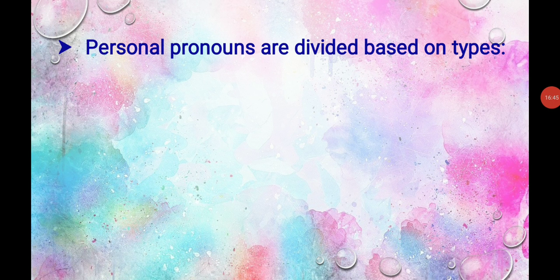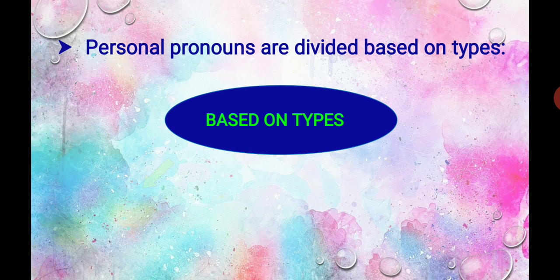So now let's see. Personal pronouns are divided based on types. We already saw that personal pronouns are divided by point of view and forms. Here, based on types. What are the types? Let's see.